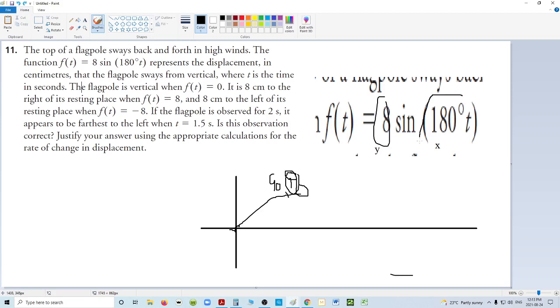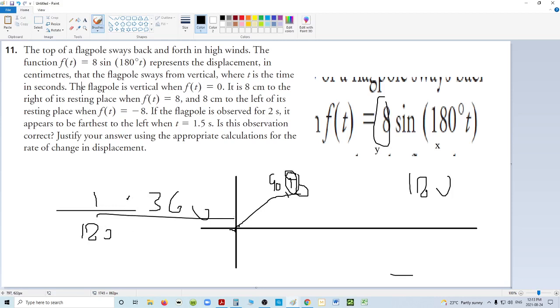We also know the period's been changed. And you might say, oh, it's 180 times 360, but if you remember, it's actually going to be the opposite. What's the reciprocal of 180? 1 over 180 times 360, which is essentially 360 divided by 180. What's 360 divided by 180?